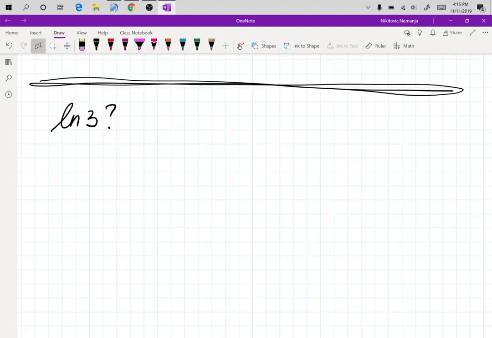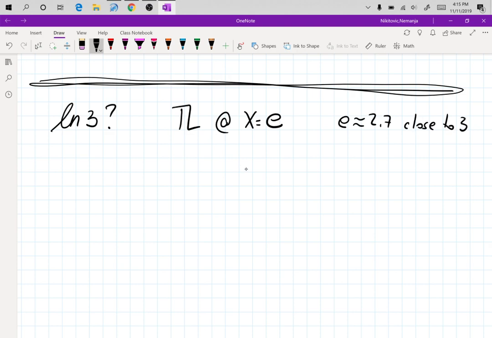So we're going to find the tangent line at x equals e, because e is about 2.7, close to 3. Your job is to find the closest possible value to the value you want to compute. If you want ln of 2.1, well, e is close, right?